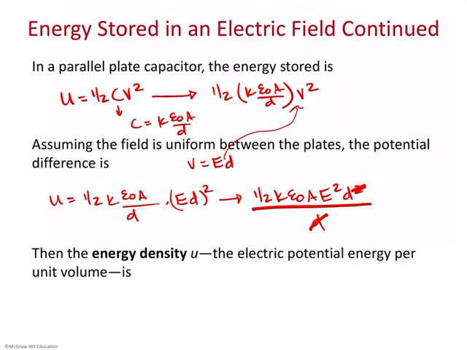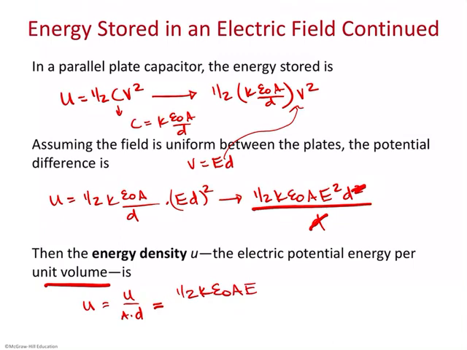And then energy density is the electric potential energy per unit volume. So that is this little U, which is equal to the potential energy divided by the area times the distance. So area times distance, that would be like meters squared times meters, which would be meters cubed, which is volume. Okay, so energy density.